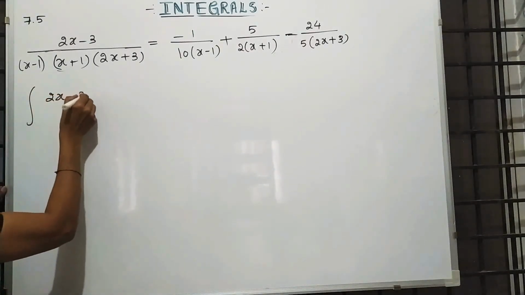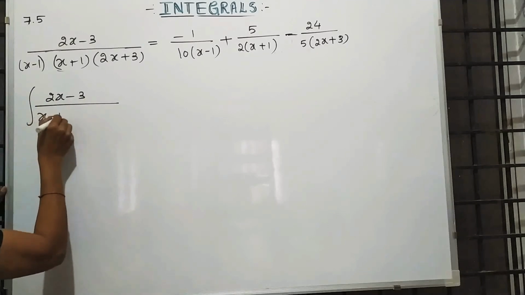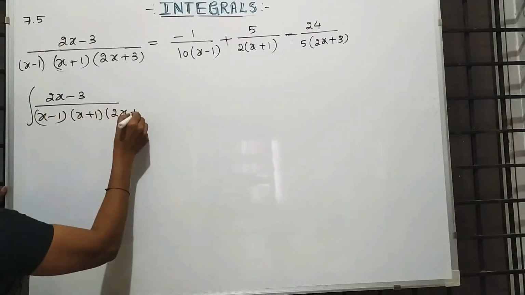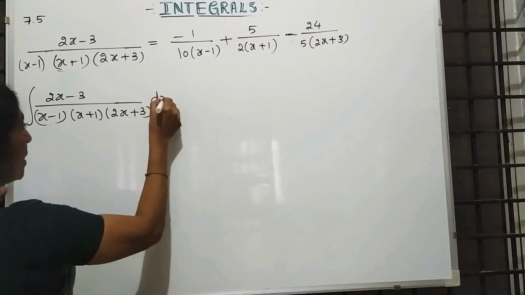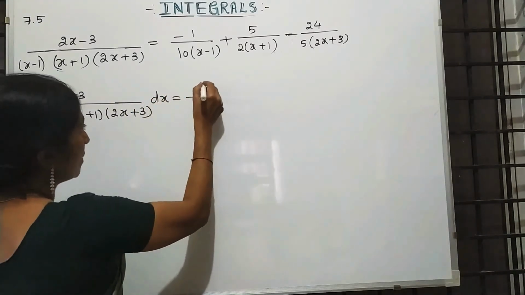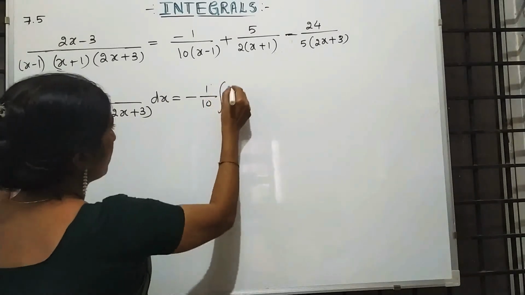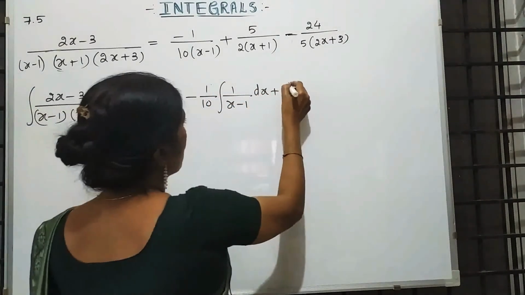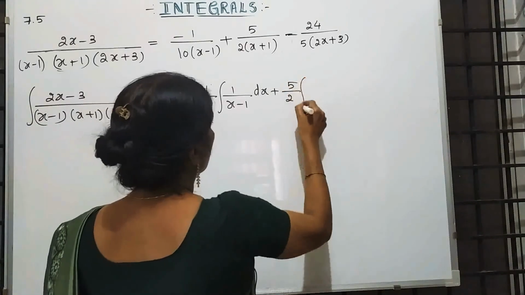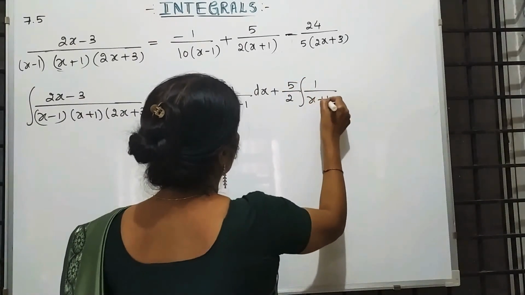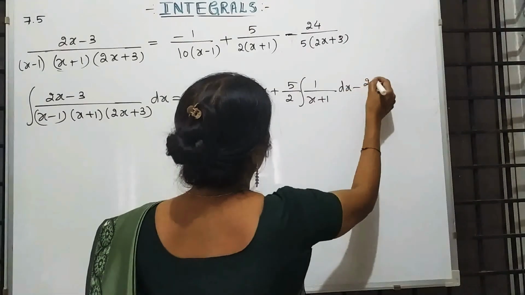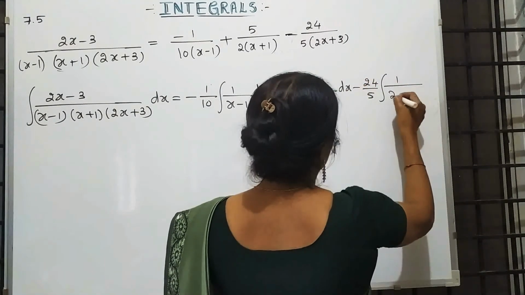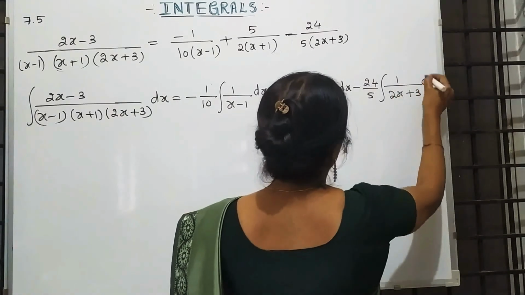Integral of 2x minus 3 upon x minus 1 x plus 1 2x plus 3 into dx is equal to minus 1 by 10 integral of 1 upon x minus 1 into dx plus 5 by 2 integral of 1 upon x plus 1 into dx minus 24 by 5 integral of 1 upon 2x plus 3 into dx.